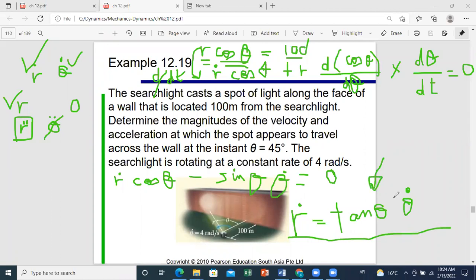Okay, let us do it in a general way. If theta dot was not constant, what should we do? And then after we will apply that theta dot is constant. So this is the expression of r dot. It's tan theta theta dot. So if I want to get r dot dot, I should derive this expression with respect to time. Okay, so I have the derivative of tan.